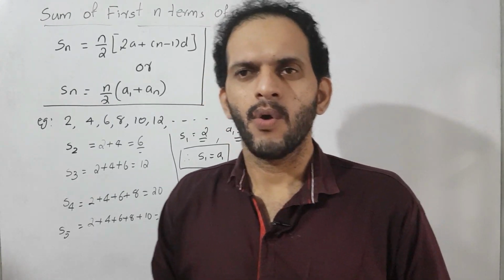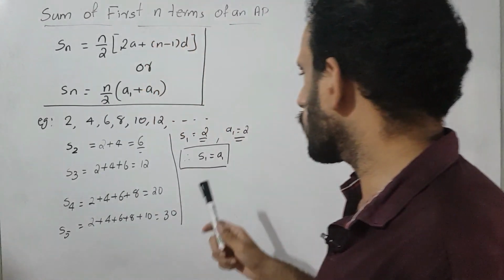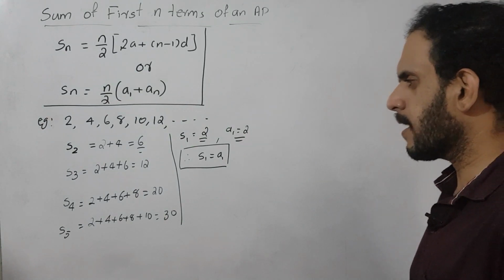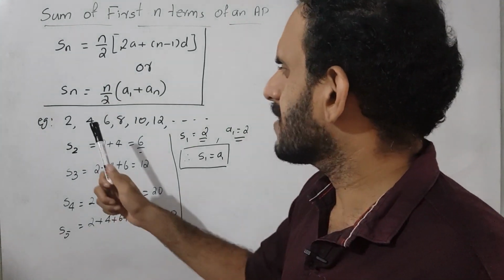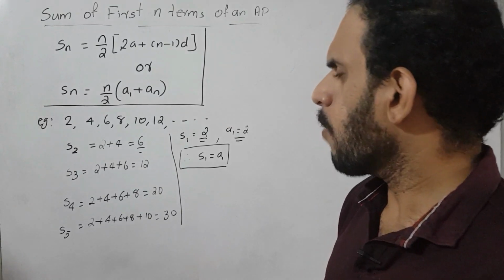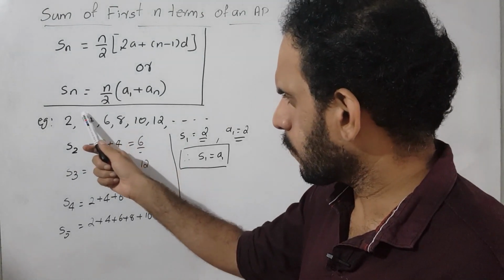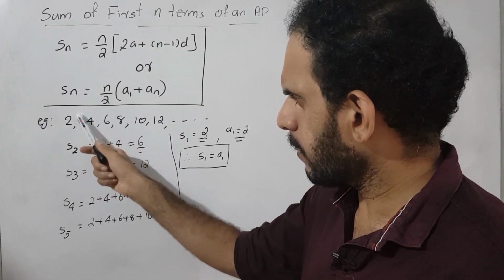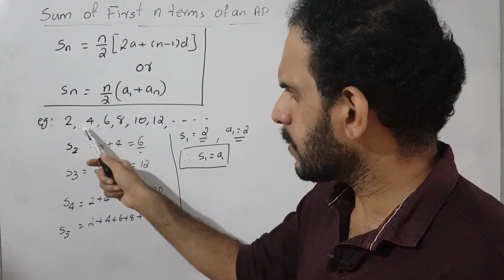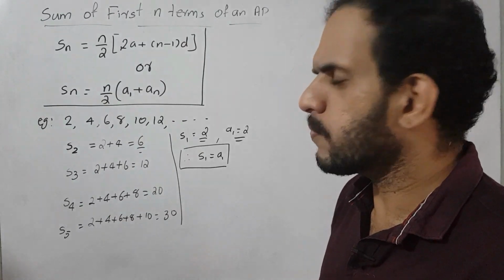Then next we thinking about, we got the relation of S1 and A1. Then how do we get A2? Yes, A2 is 4. Correct? Then how do we get A2 as 4?